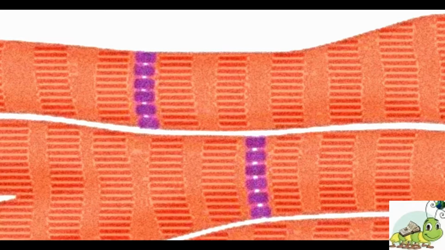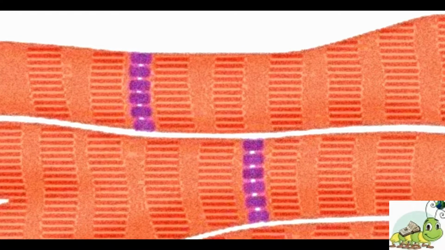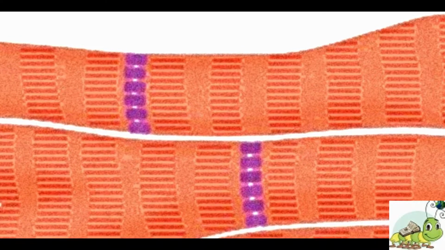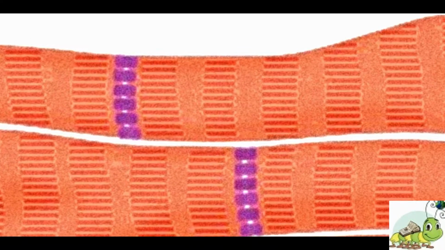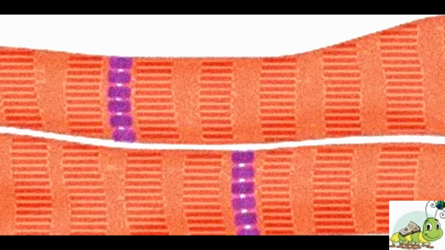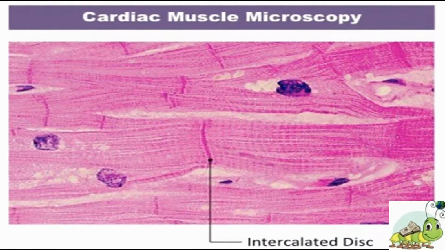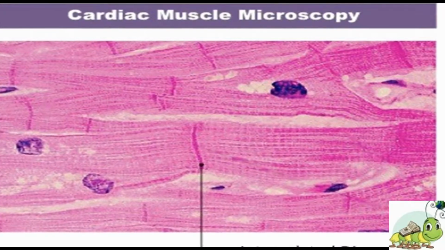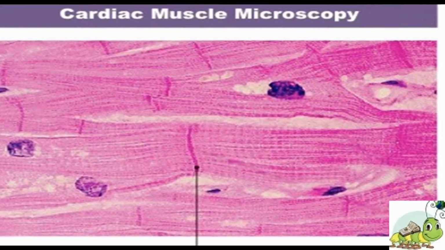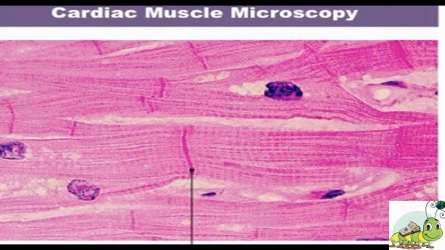However, cardiac muscle fibers are shorter than skeletal muscle fibers and usually contain only one nucleus, which is located in the central region of the cell. Cardiac muscle fibers also possess many mitochondria and myoglobin, as ATP is produced primarily through aerobic metabolism.